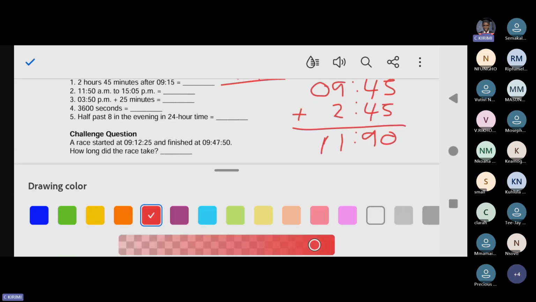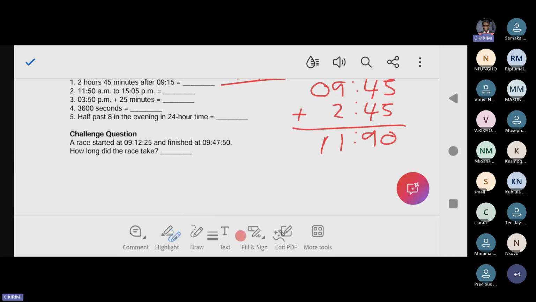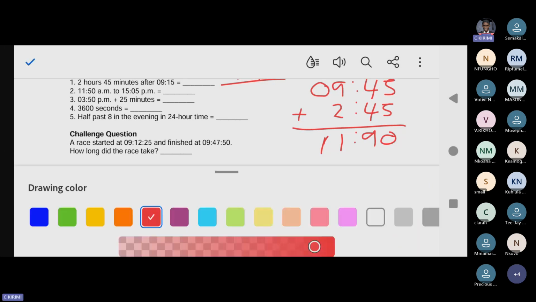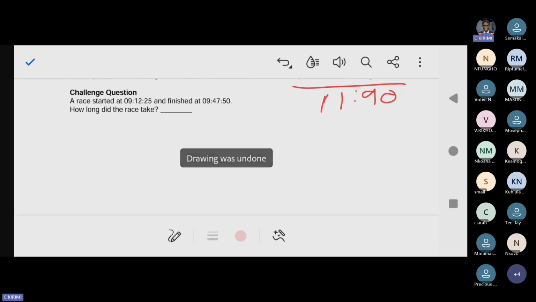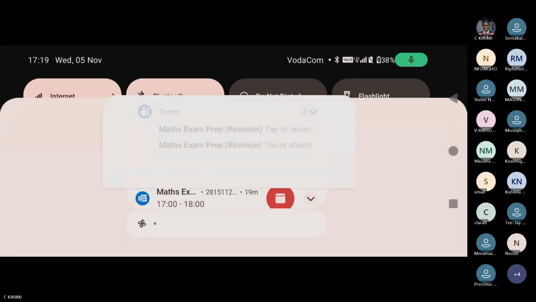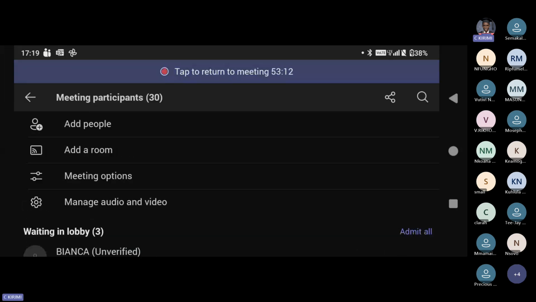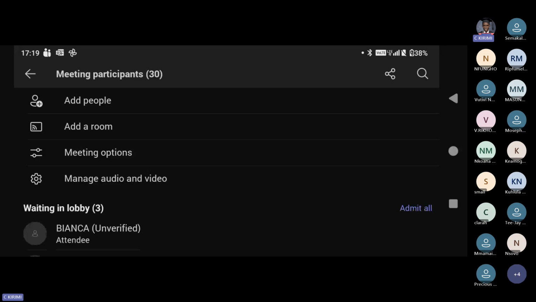We divide by 60. So 90 divided by 60, what are we going to get? 1 hour and 30 minutes.